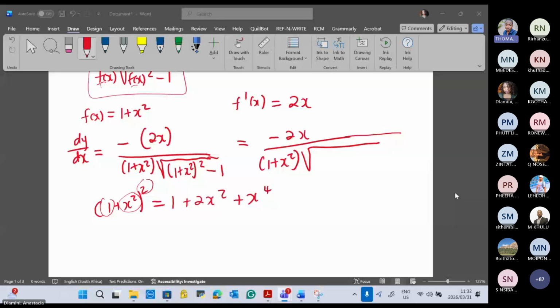So basically, ma'am, you use this technique, which we also use when we are factorizing, like a cubic function.